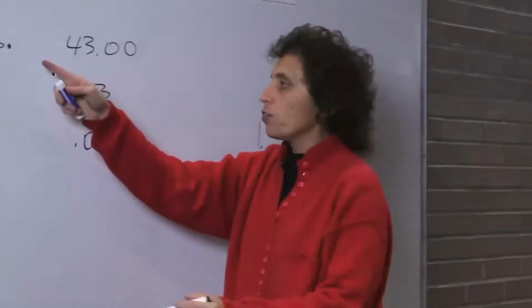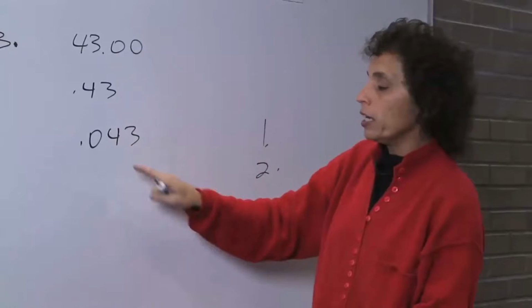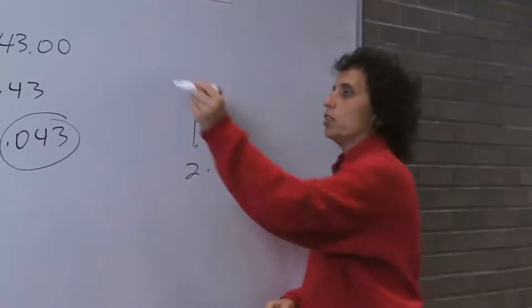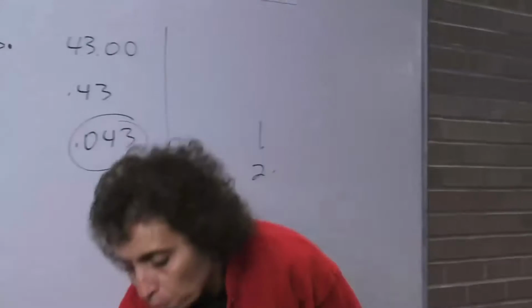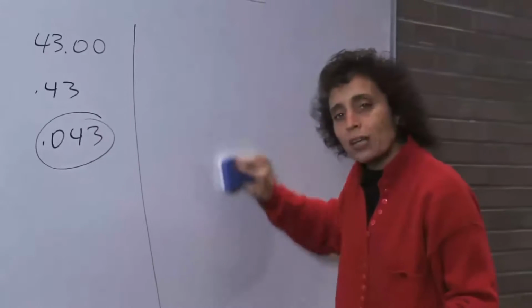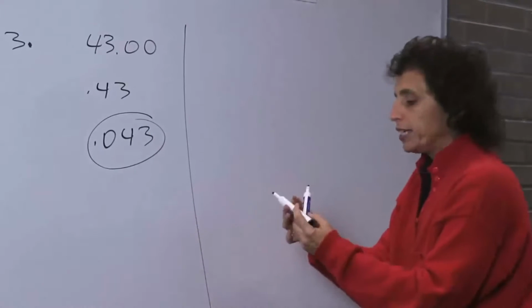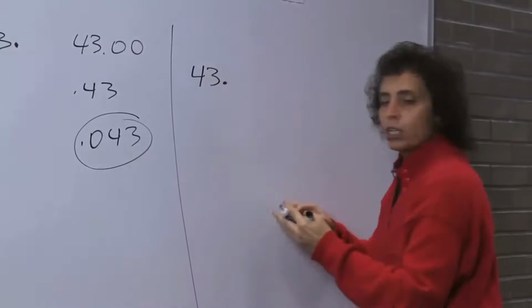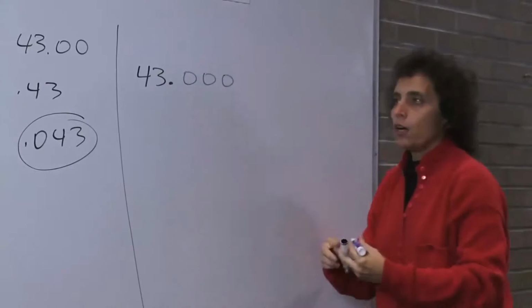So I can take this 43, and let's count the number of decimal places. 0.043 has 3 decimal places, so we want to write them all with 3 decimal places. We're not going to take away decimal places, we're going to increase the number of decimal places, but we want them all to match, remember. So we have 43, there's the decimal, and now 3 decimal places: 1, 2, 3.